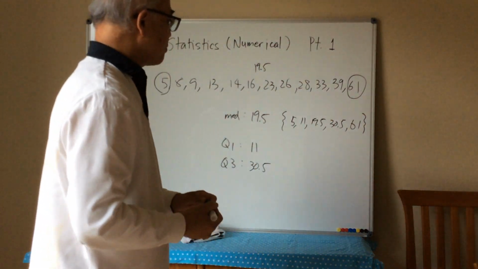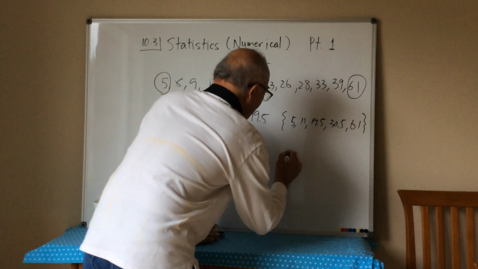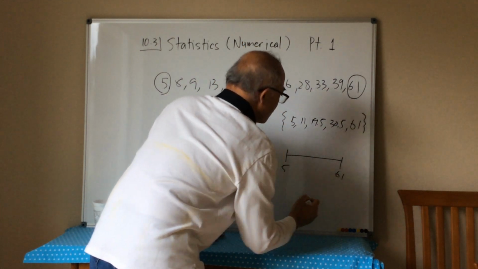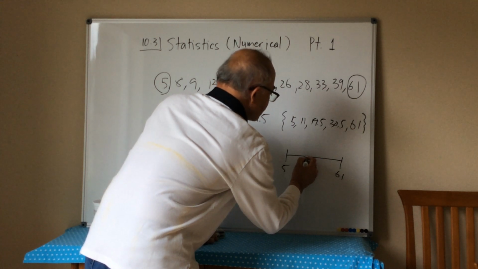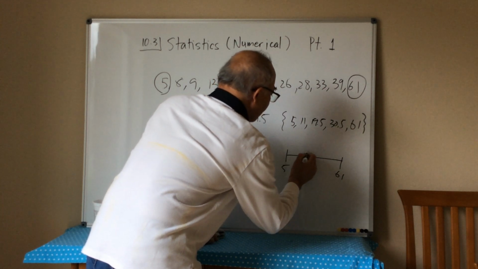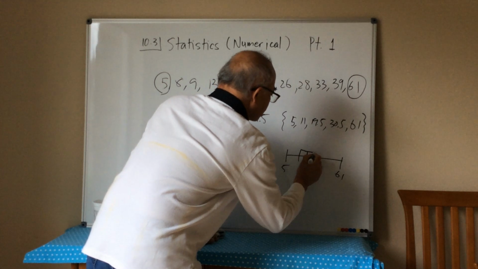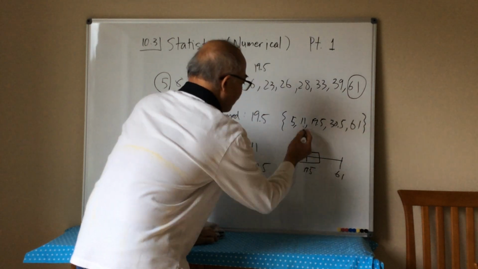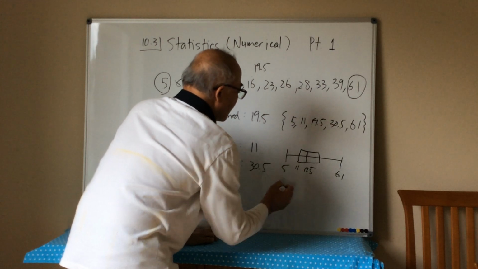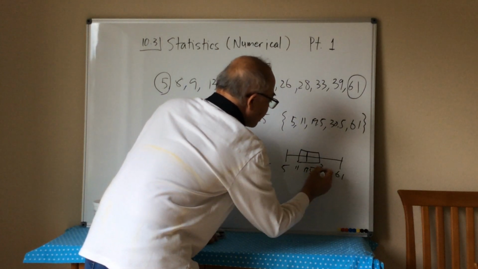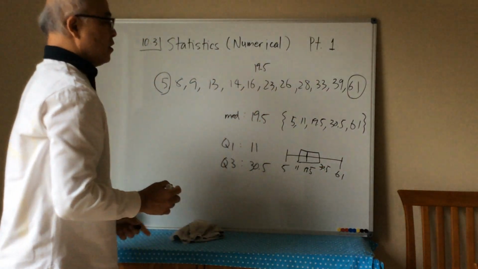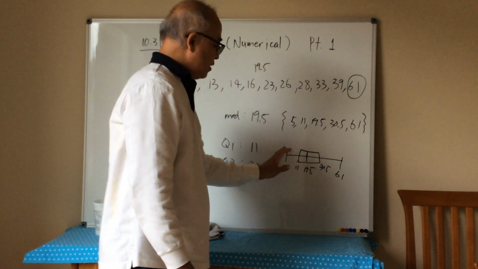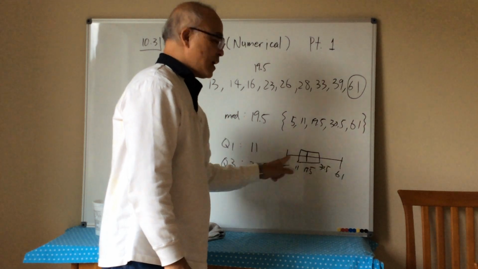You go like this, and this is 5 and 61. This would be 19 and a half, this guy here would be 11, and this guy here would be 30.5, okay? So this is your box and whisker plot, because there's a box in the middle and whiskers on the ends.